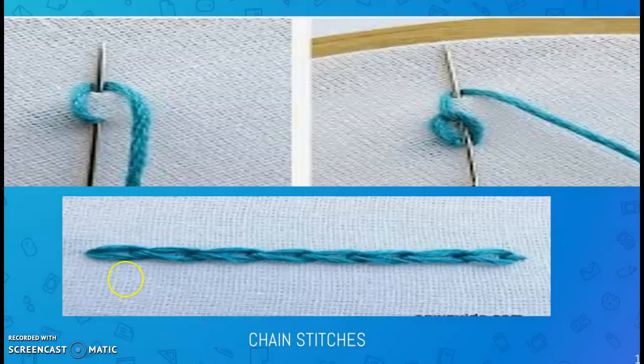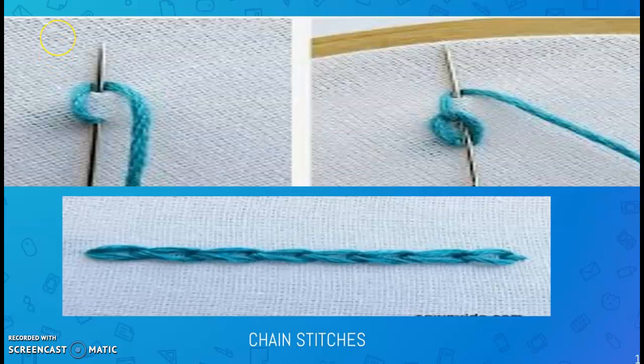Now let's look at the pictures we have here. This is chain stitches. And in making it, you pass the thread from the wrong side to the right side by making a double back stitch.